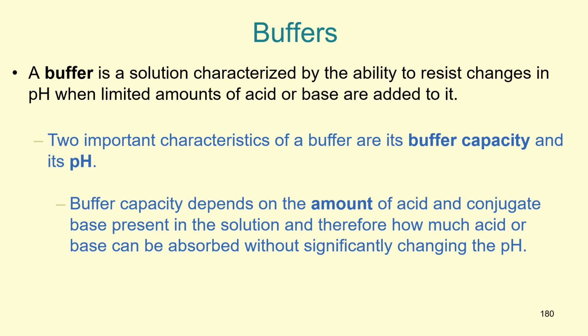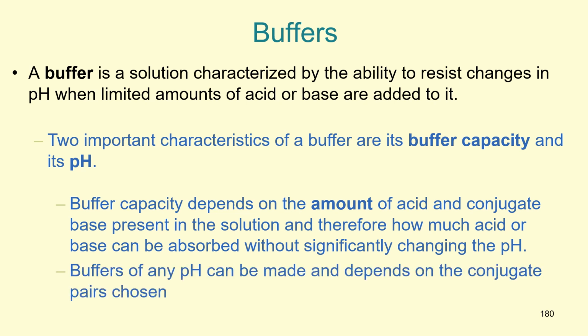If you want a buffer that's pH 2, it's obviously very acidic, but again, the idea is that you can add more acid or base and not change the pH very much. So you can have buffers of any pH, and it will just depend on the pair that you're choosing. It'll depend roughly on the Ka.